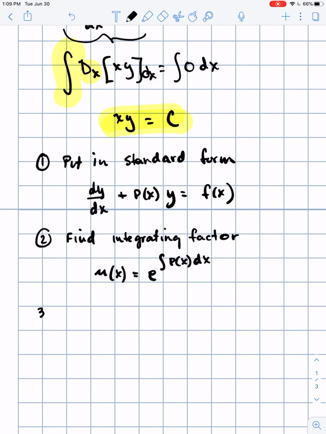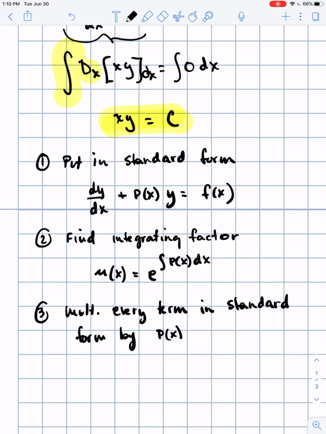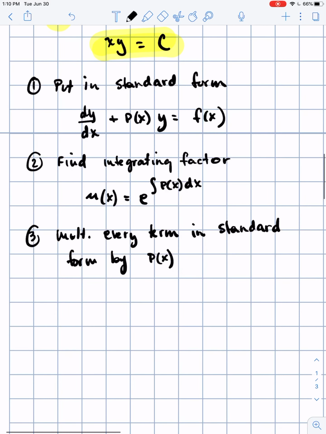And then 3, multiply every term in standard form by the integrating factor, mu. Oh, my bad, not p of x, by the integrating factor, mu.